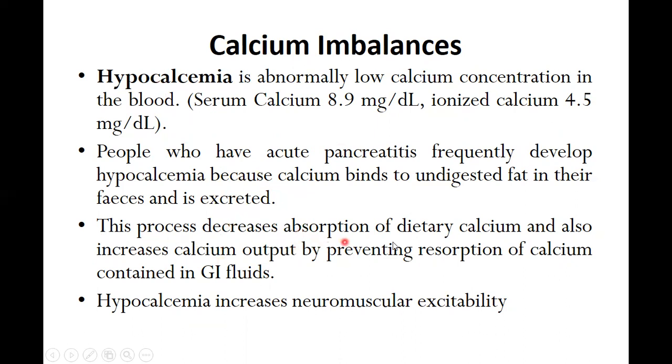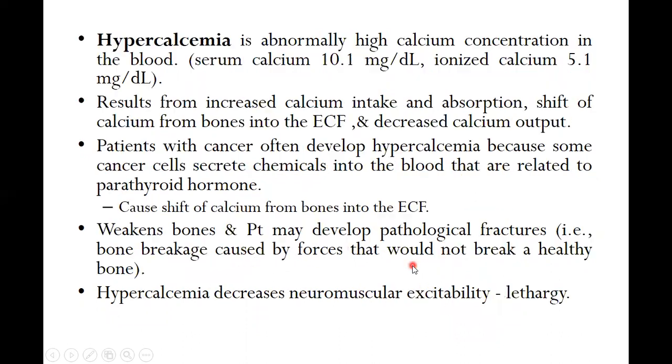This process decreases absorption of dietary calcium and also increases calcium output by preventing reabsorption of calcium contained in gastrointestinal fluids. Hypocalcemia increases neuromuscular excitability. The neurons begin to overfire.